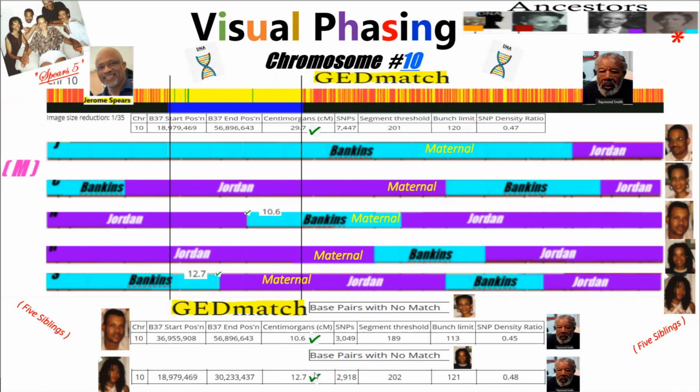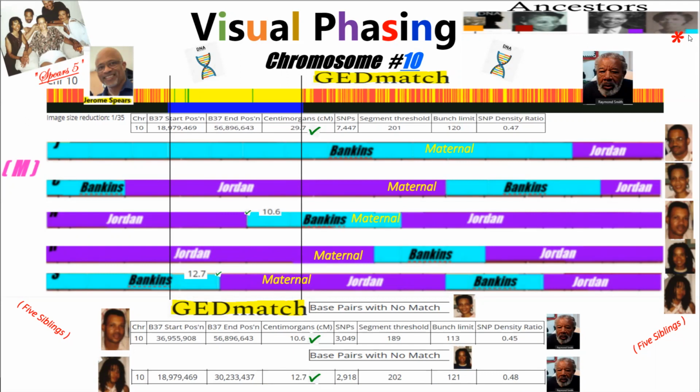In the appropriate spot, consistent with what we're showing, Carolyn has no match, Renee has no match. So the visual phasing is allowing you to see with some level of confidence and comfort that you're accurately placing the DNA that you are seeing behind the right grandparent. So I know this match that I have with Raymond is behind door number 4.